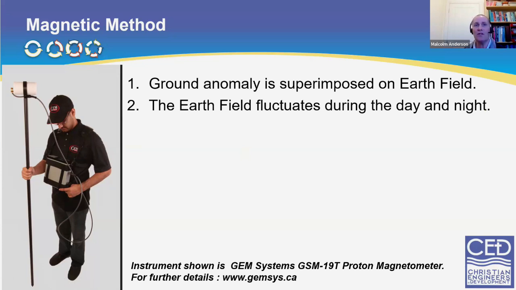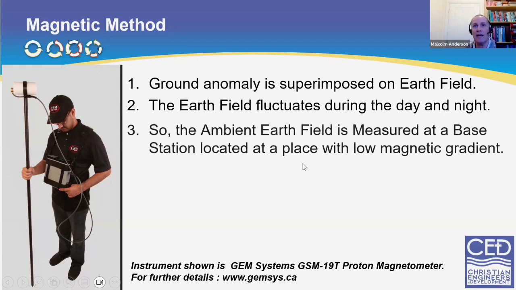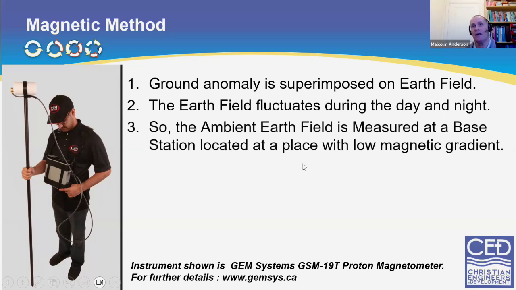So in order to get a corrected ambient field, a base station is placed at a location with low magnetic gradient, and the fluctuations in the ambient Earth field are measured, and then that's subtracted from the local magnetic measurements that you have at each location on the survey, and that will then give you the Earth field.